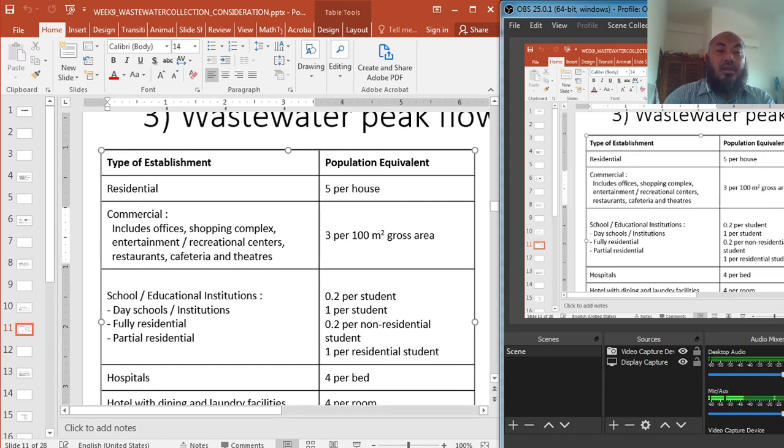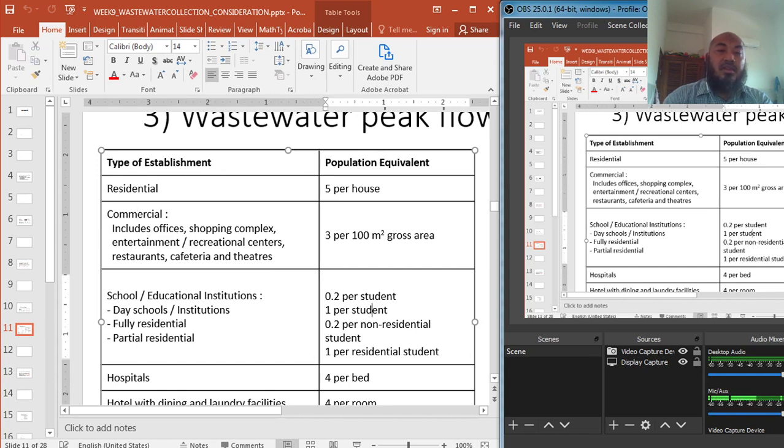And school: day school institution, 0.2 per student. A fully residential school will be 1 per student. Partial residential is 0.2, etc.